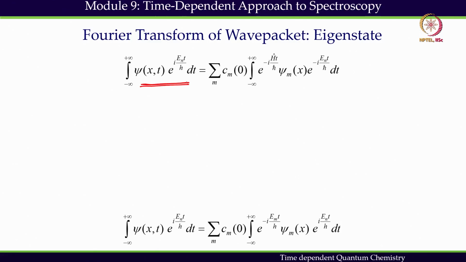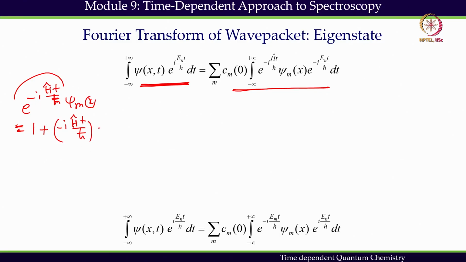The time evolution operator's value can be easily found, and in order to find it, we will use the Taylor series expansion that we have always done for the time evolution operator, because for an exponential operator we take the Taylor series expansion and we get 1 plus minus i H t by h-bar, plus 1 by 2 times minus i H t by h-bar whole square, plus so on, and this is acting on psi m(x).